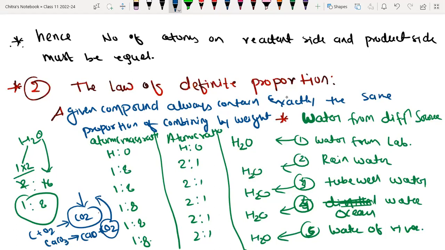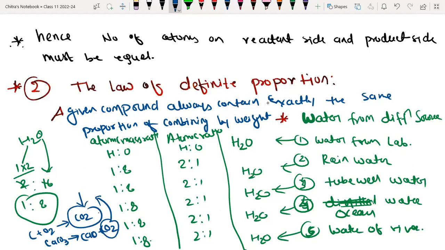If you again calculate the atomic mass ratio of carbon and oxygen, you will get the same. The compound must be carbon dioxide. You can take from any source, the mass ratio of the combining elements will always remain the same. This is called the law of definite proportion.